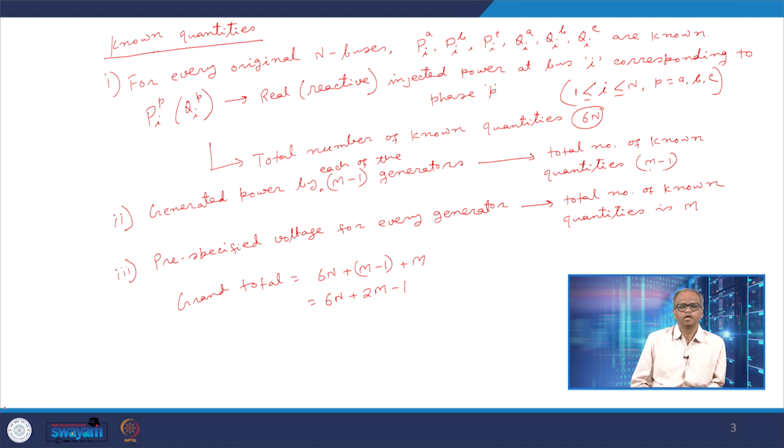We have to keep the real power generated by at least one generator free so that it can act as a slack bus.